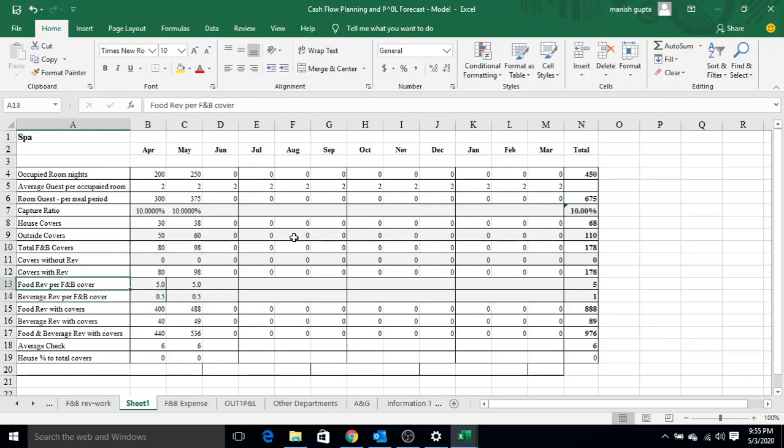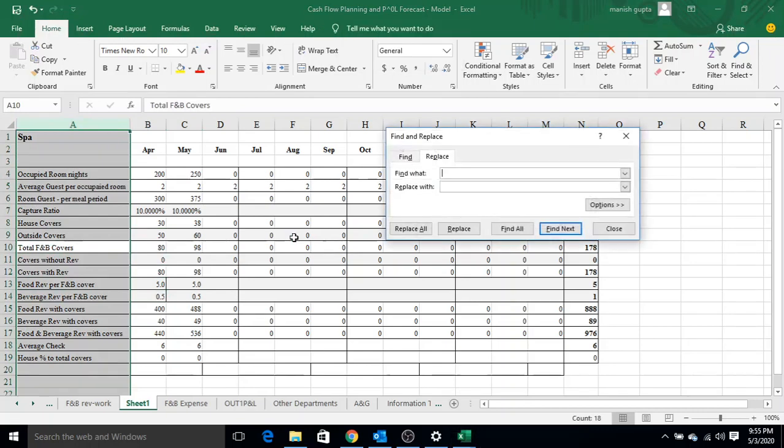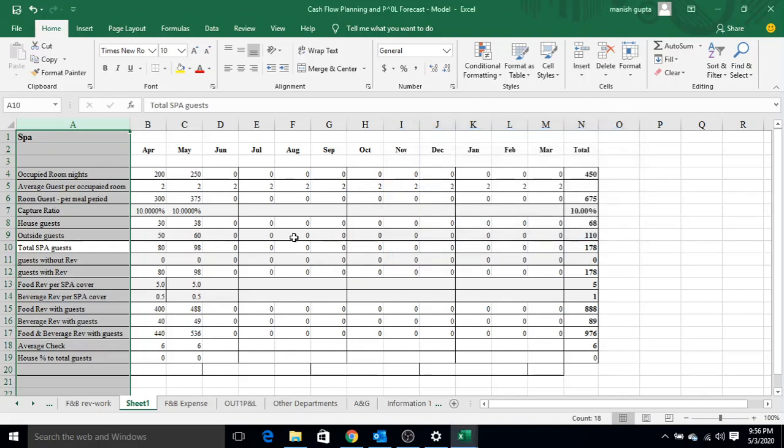So instead of covers here, you can change it to guests, and you can also change the F&B to spa. You can change the food revenue. Now in the spa you don't have food and beverage revenue separately, so you can make it 0. You can remove the line or delete it, up to you.